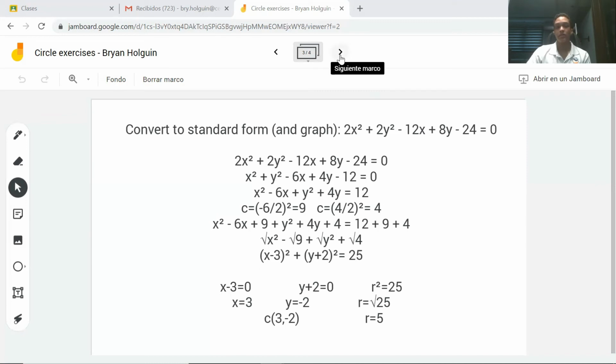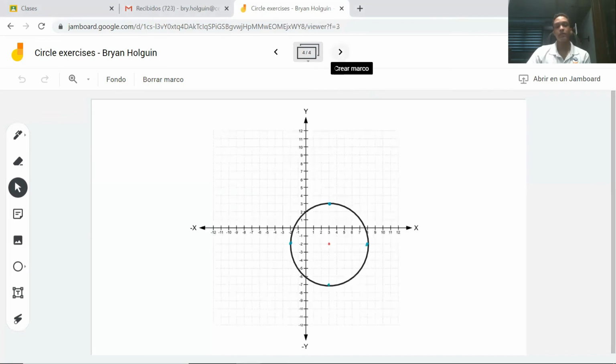And we now go to the graph. So we're at the graph, and we first, as I told you last time, have to get the center and then the radius so we can make the circle. So 1, 2, 3, minus 1, minus 2. So this is the center right here, 3 comma minus 2. And from this point, we count in each direction 5.